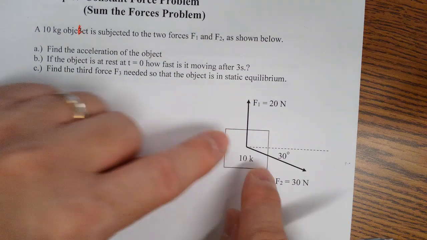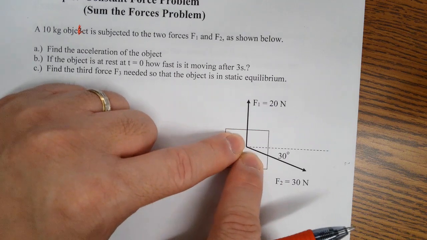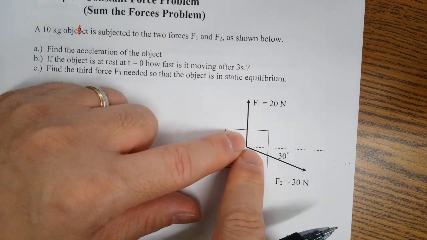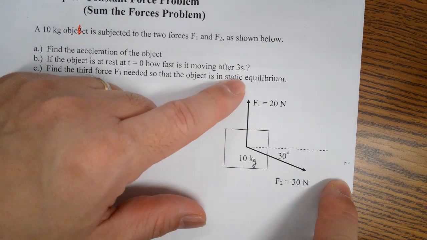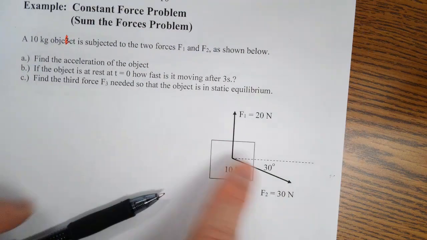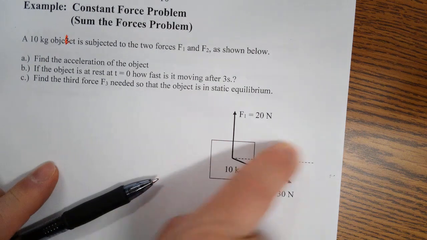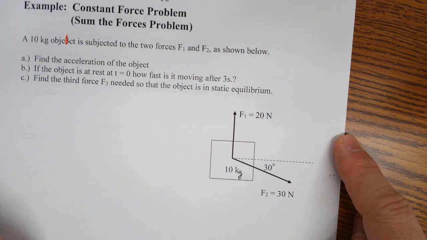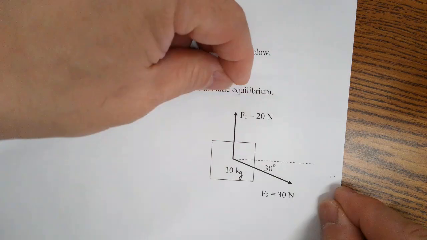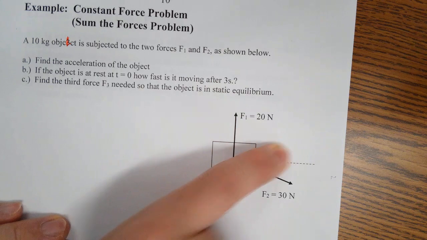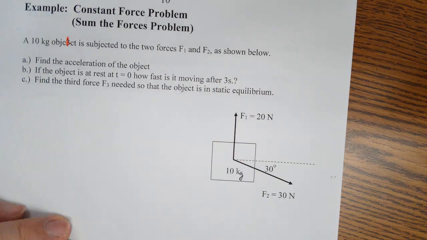So if I were to pull on this 10 kilogram object with two forces acting simultaneously like this, it's going to behave as though only one force is acting that way, and it's going to be pulled in the direction where the net force goes. Does that make sense? So by pulling on this simultaneously, it's going to behave as only one force, the net force, pulling on this by itself.